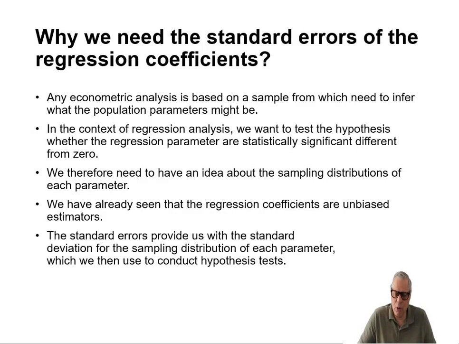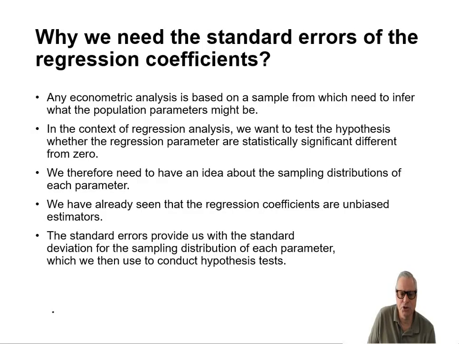Even so, if we were able to take a million gazillion samples, the average of all possible intercepts and slope coefficients would be equal to the true population parameter, because we have already seen that the intercept and the slope coefficient are unbiased estimators.